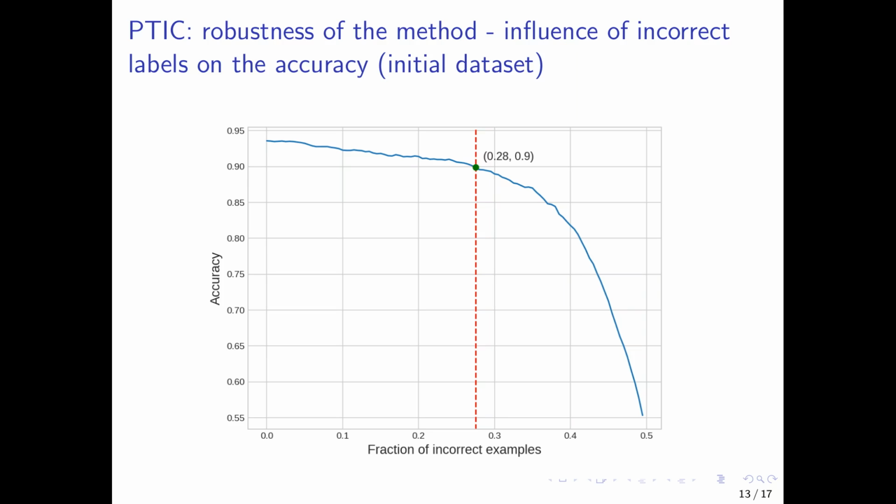From the figure we can see that our method is very robust. Only after replacing 28% of examples with incorrect labels does the method start showing accuracy less than 90%. These results are quite promising and we would like to investigate further in the future, especially if we are able to obtain true classes for validation and additional datasets.